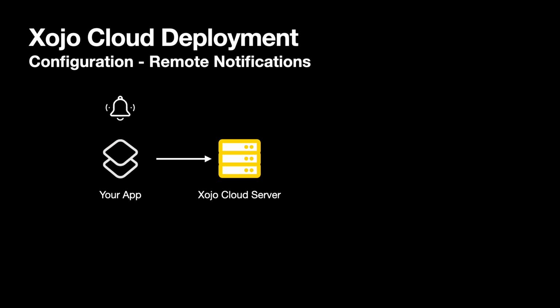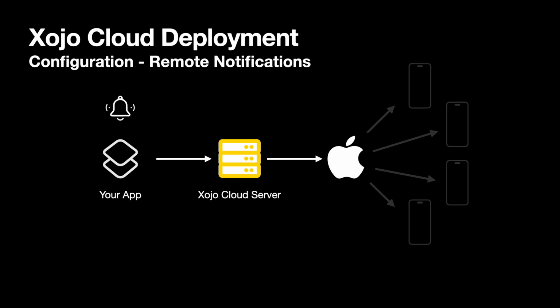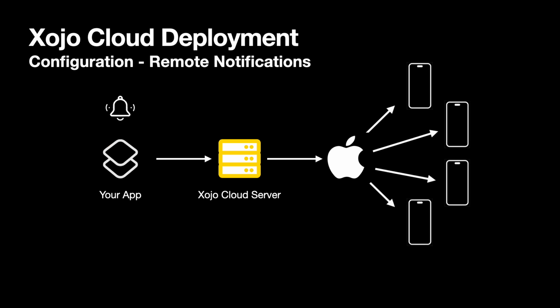But either way, the app can then use remote notifications to tell Xojo Cloud to then send that to Apple, send the notification to Apple, and Apple's push notification servers then send it out to all the devices that you've said need to receive this notification. So that's basically how it works.